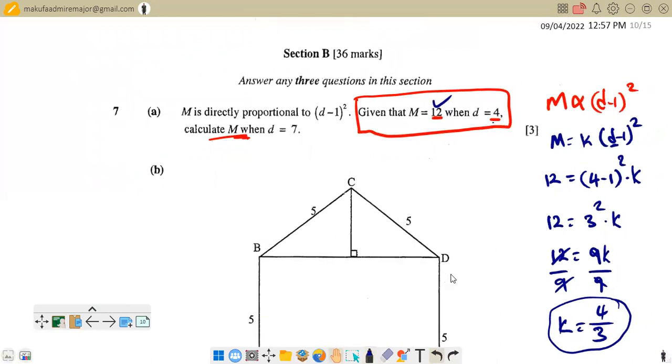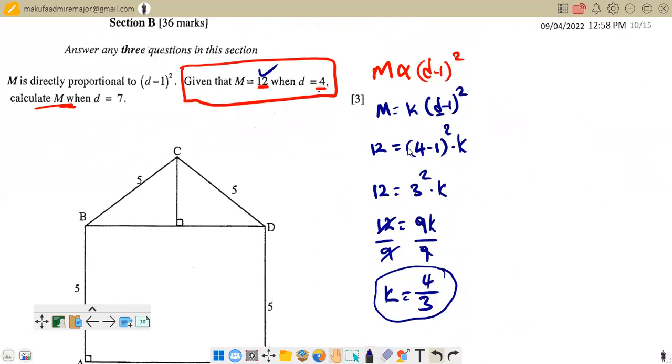So what are we going to do with the k? Remember, we have to connect now our equation. From this part here, m is equal to k, which is 4 over 3, into d minus 1 squared. So this is now a relationship between 2 letters, which are m and d. We can find m, we can find d, depending on the question. Our question was to calculate m when d is equal to 7.